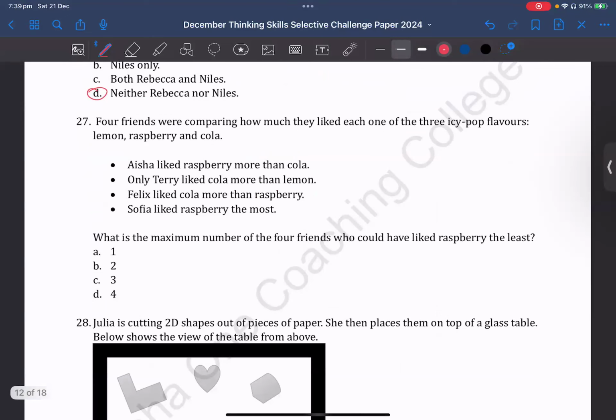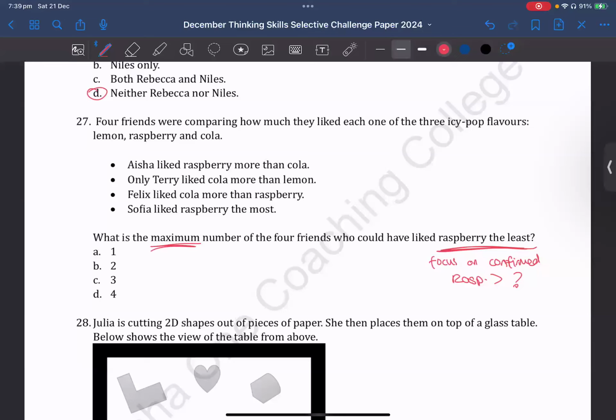So moving on to 27, 4 friends are comparing how much they liked each of these 3, and what's the maximum number of the 4 friends that could have liked raspberry the least. So what you want to focus on is the confirmed people who actually like raspberry more than something else.